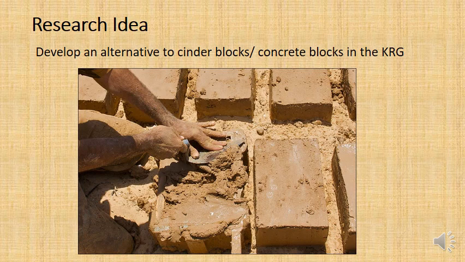So finally, as I said, I think concrete blocks and cinder blocks are absolute rubbish in Kurdistan. They are very poor insulation. Your houses are way too hot in summer, way too cool in winter. If any of you want to think about developing a new masonry block using a different material, something like clay oven bricks or something similar to that, maybe this is an idea for a fourth-year research project.